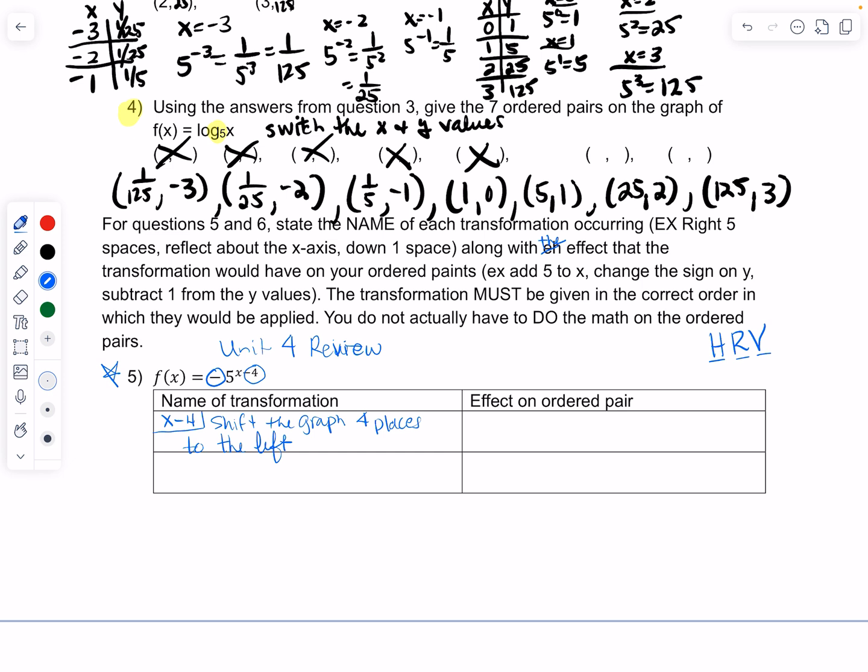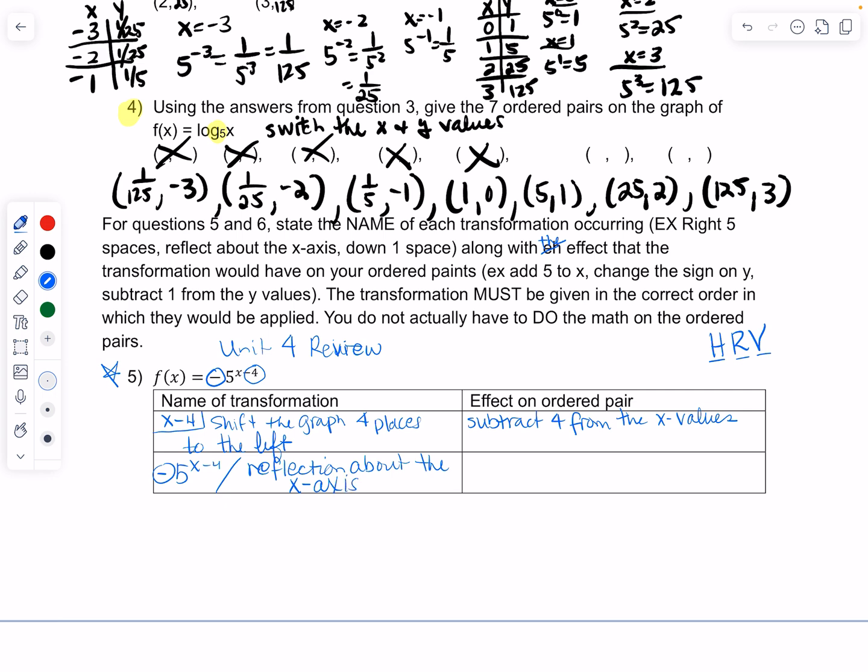Okay, so what does that do to my ordered pair? If you think about it, if I switch things 4 places to the left, then I'm going to subtract 4 from the x values. Okay, the next thing I would handle is that negative in front of the 5x -4. So that negative, what happens with that is I'm going to have a reflection about the x-axis.